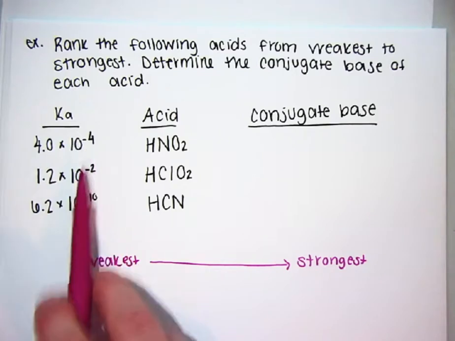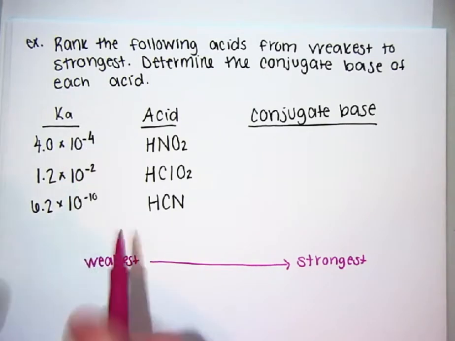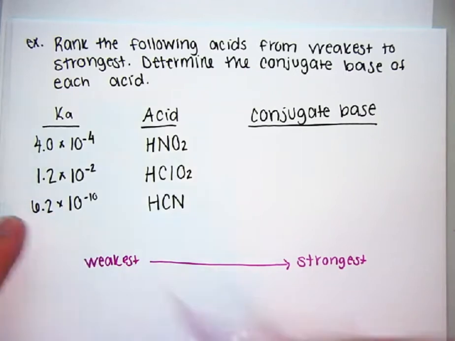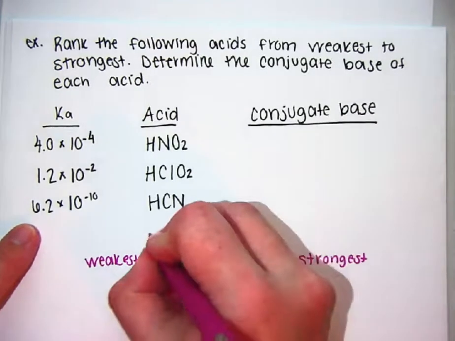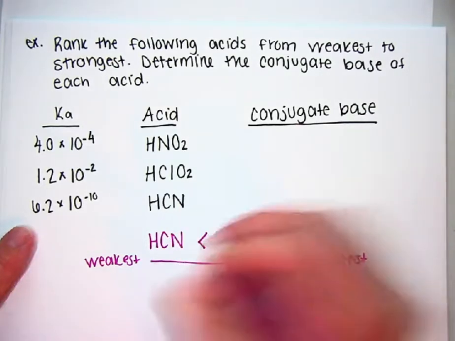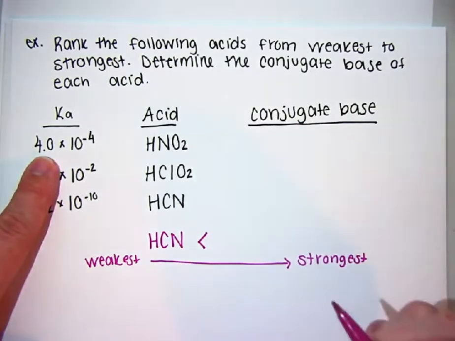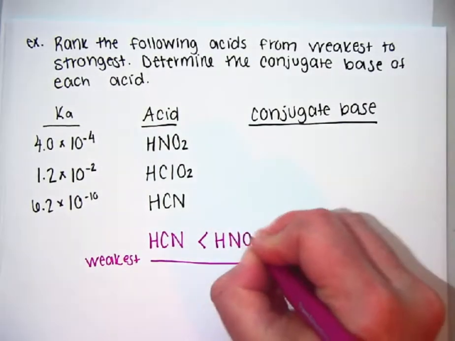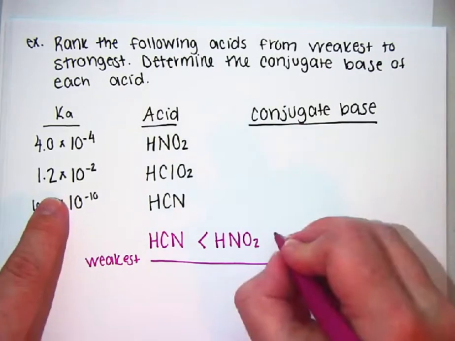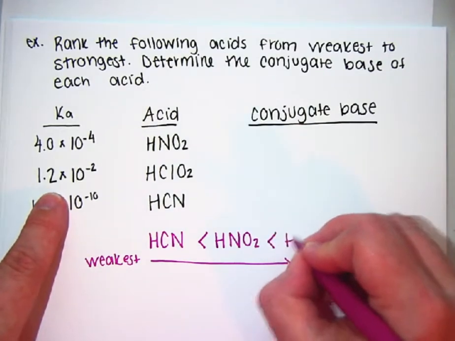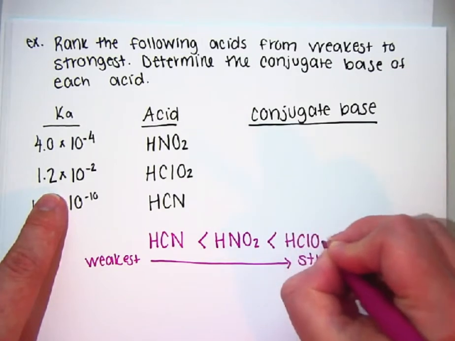So you need to pay attention to scientific notation. So 6.2 times 10 to the negative 10th would be the smallest Ka value, followed by 4.0 times 10 to the negative 4th. My biggest value, therefore the strongest acid, 1.2 times 10 to the negative 2nd.